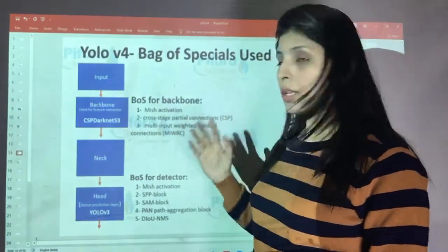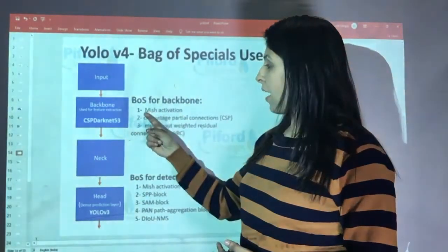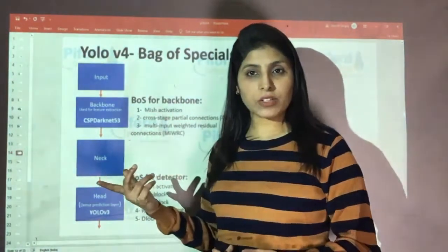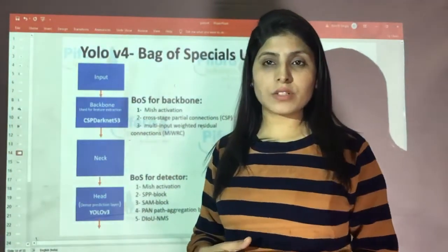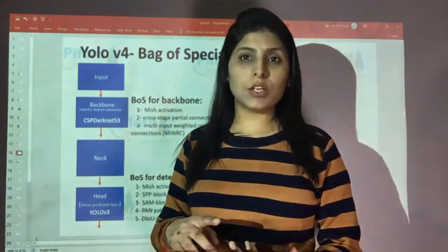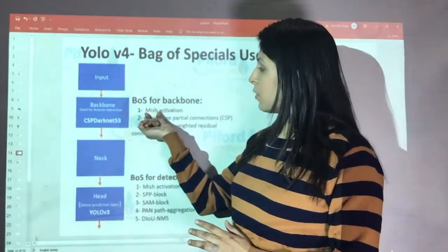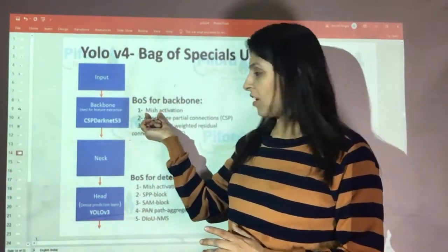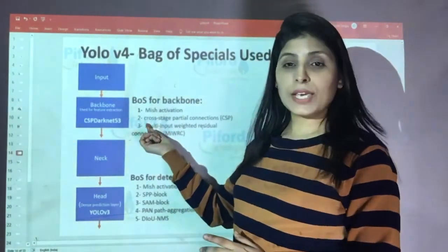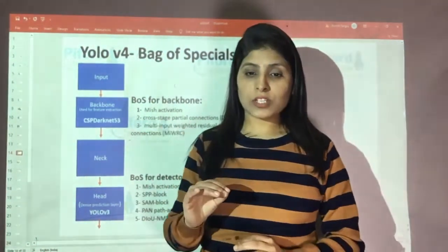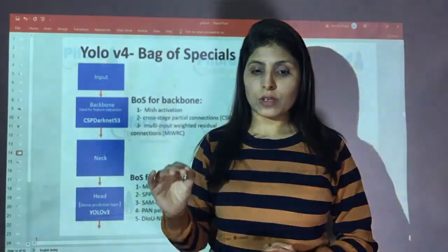Okay, so what all things do we have over here? We have the Mish activation function. There are lots of activation functions, right? Linear, sigmoid, ReLU, tanh. We have lots of activation functions, right? So here we are talking about the Mish activation function, and over here we have cross stage partial connections, right?